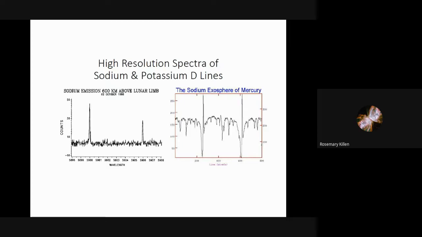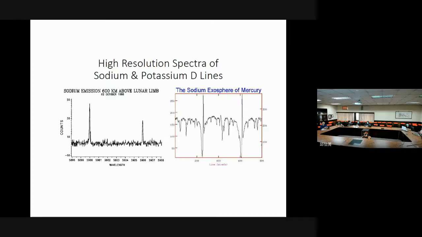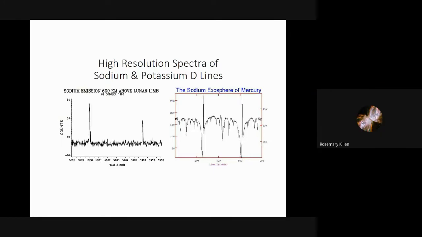Argon-40 is radiogenic, and argon-36 is from the solar wind. I want you to look particularly at neon. They gave a column abundance of 10 to the 5 for neon.